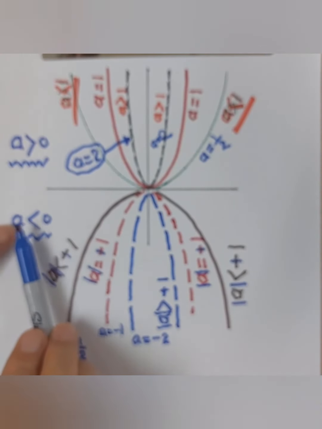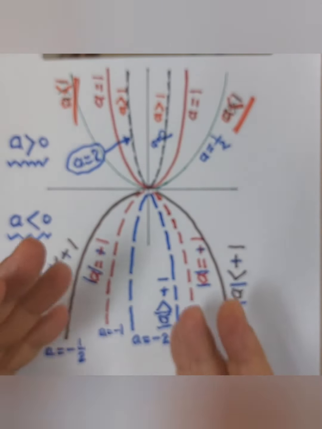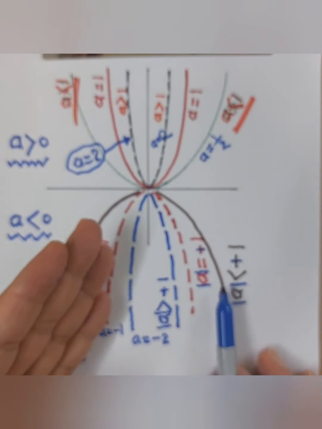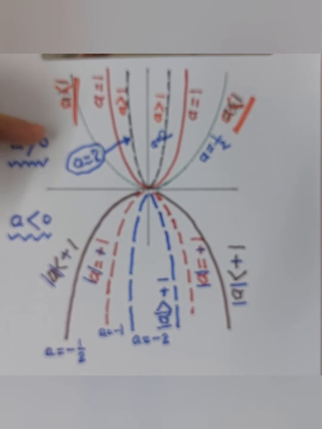But also it depends on the absolute value of a. If it is less than 1, the branches will go far from each other. And when the absolute value is greater than 1, the branches will come close to each other. This is the same as in the case when a is positive. So be careful about these notes when you study the graph of a parabola.